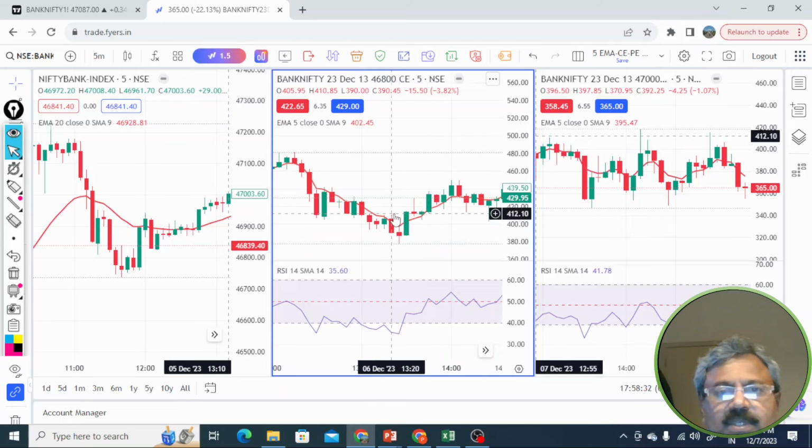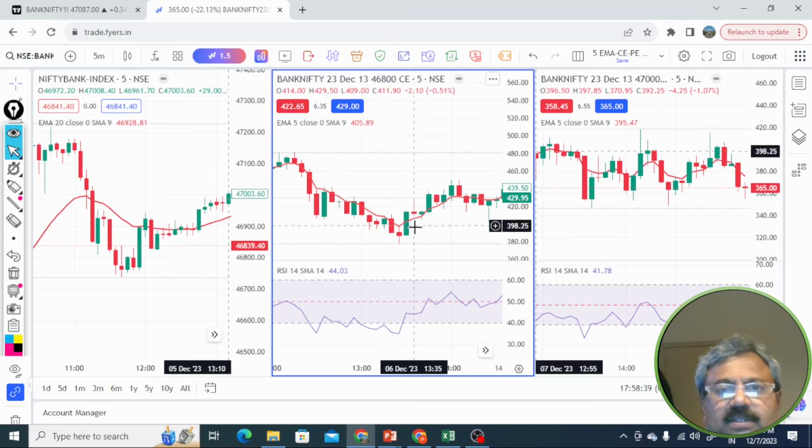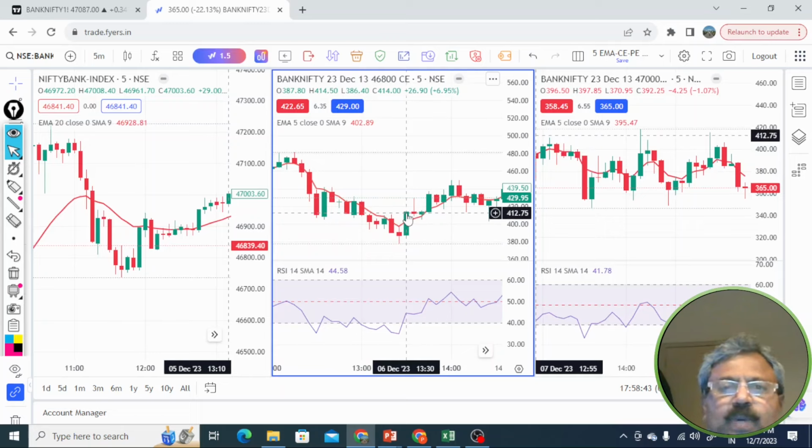If the trade is taken above this candle, assuming at 414, the stop loss would be here. The target can be 1:1 or 1:1.5, 30 to 50 points. Look at this, 412 plus my 50-point target would be 462.